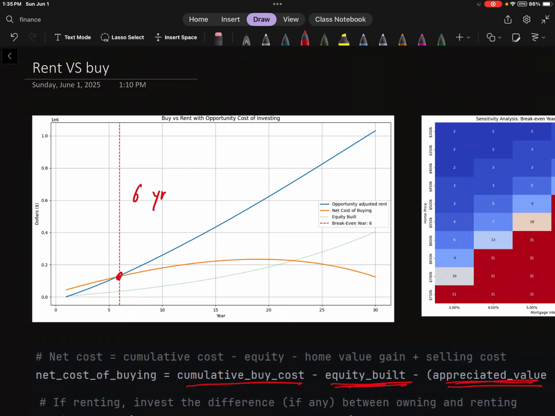You will break even buying versus renting a house.